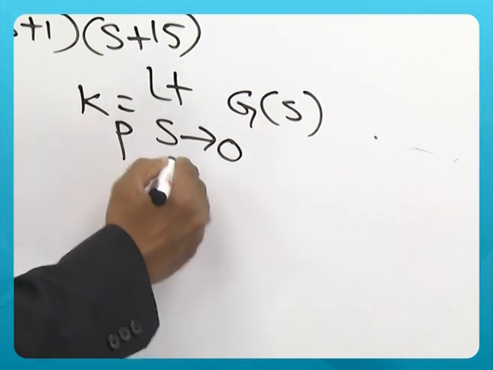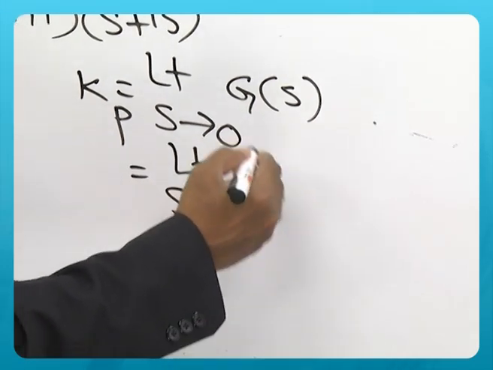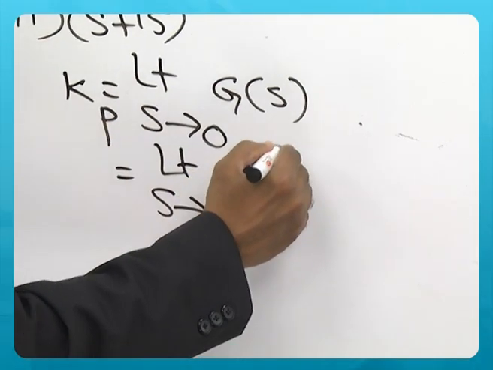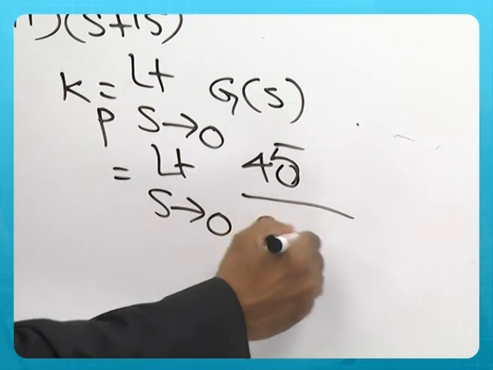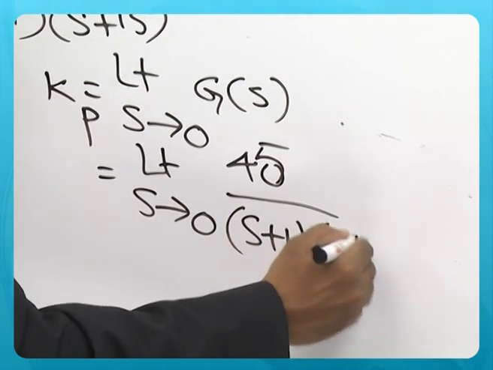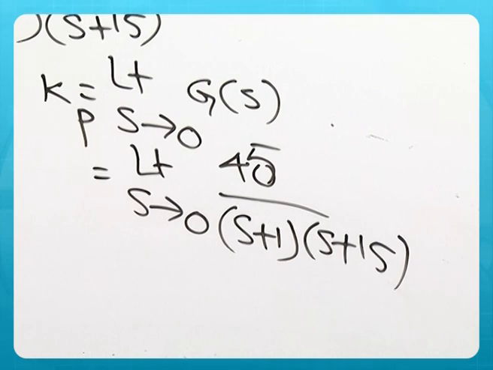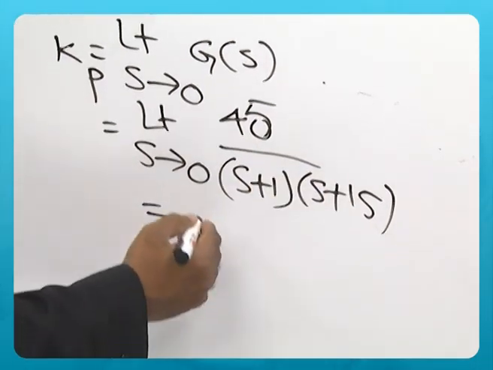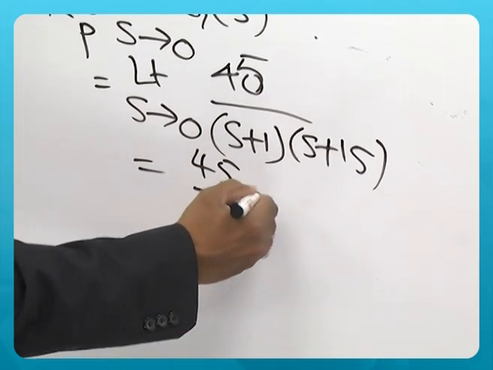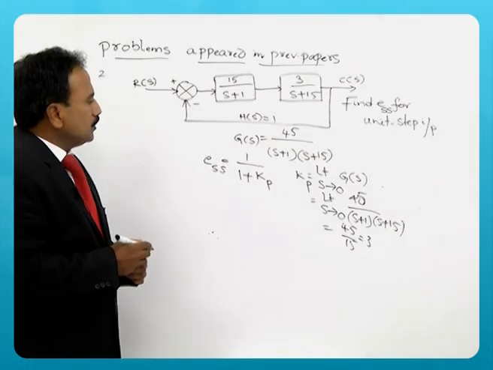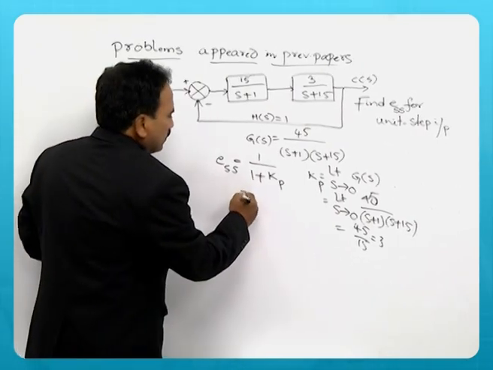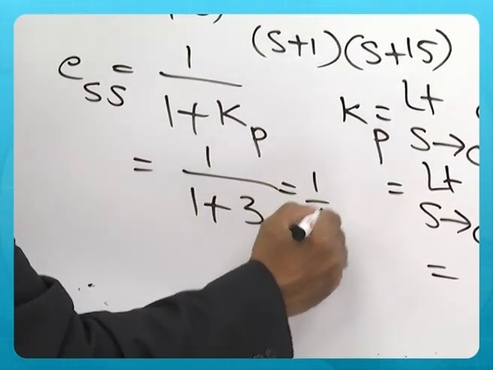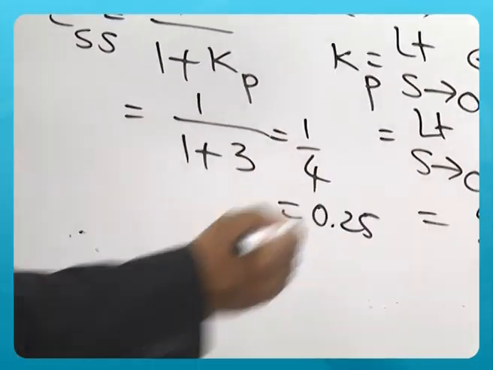Now, the function is 45 by s plus 1 into s plus 15. When you substitute 0 here, this becomes 45 by 15, it is 3. So, the position error constant is 3 and steady state error is 1 by 1 plus that constant 3. So, it is 1 by 4, it is 0.25.